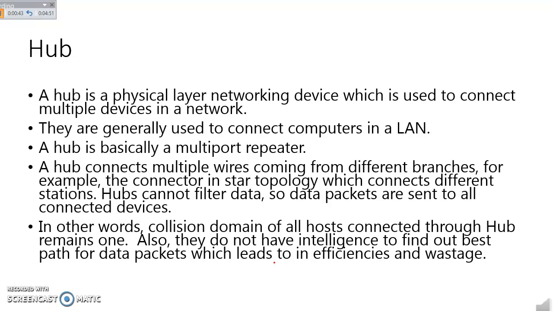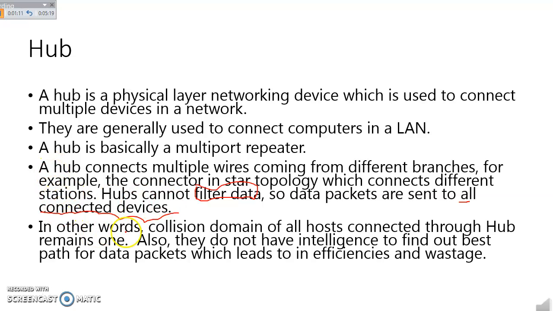A hub cannot filter the data. This point is very important. Hub cannot filter the data, so data packets are sent to all the connected devices. I will explain with a diagram later.